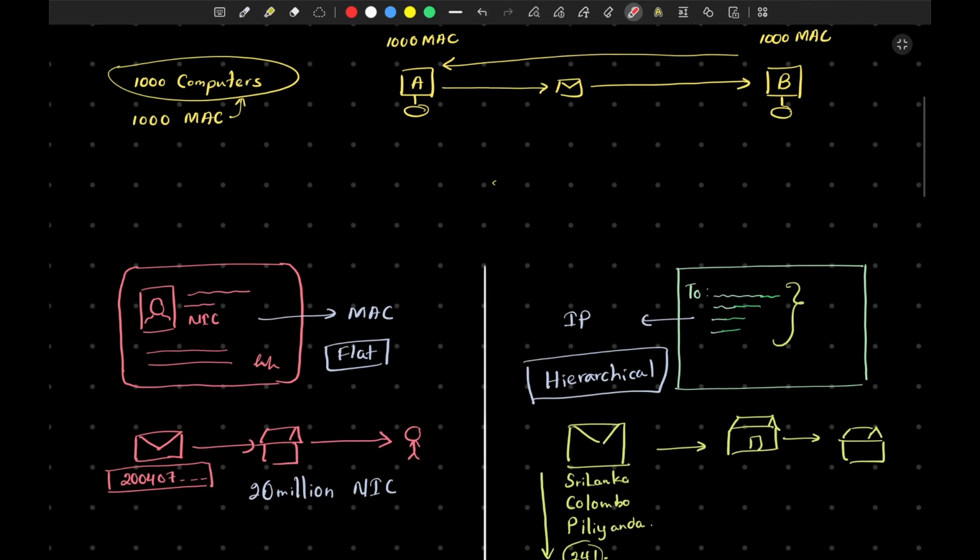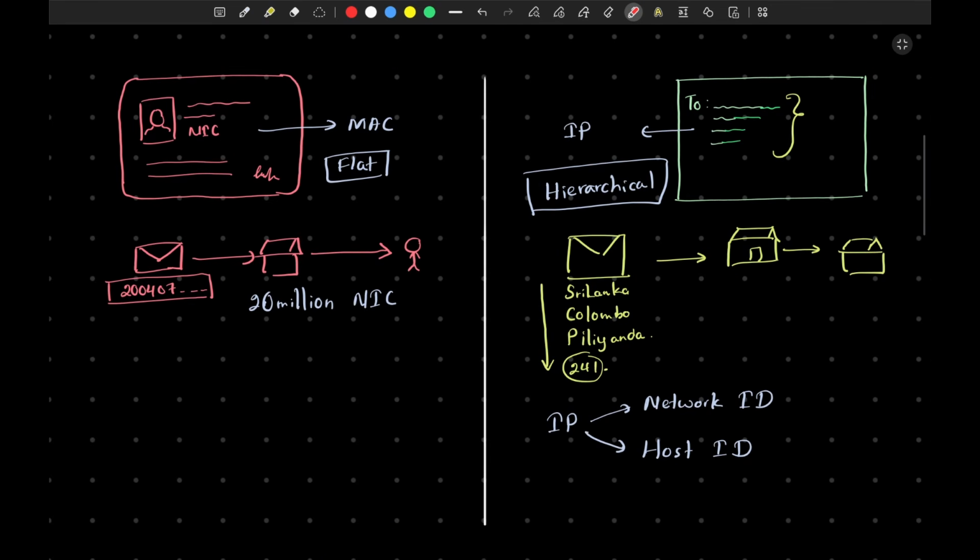and then send it to the other endpoint. Next we talked about a real-life scenario, using the national identity card as the MAC address and the geographical address as the IP address.